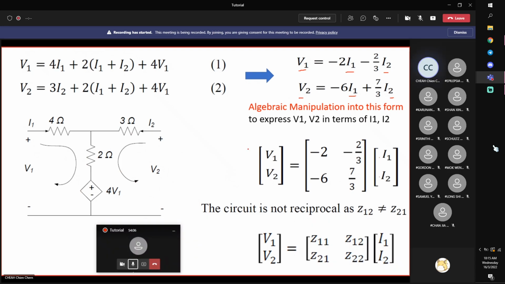Now, basically this is sufficient, but if you want to put it into matrix form, you also can. Then you can find the inverse matrix to transform it to another form, also easily. It means that you can apply matrix theorems thereafter.